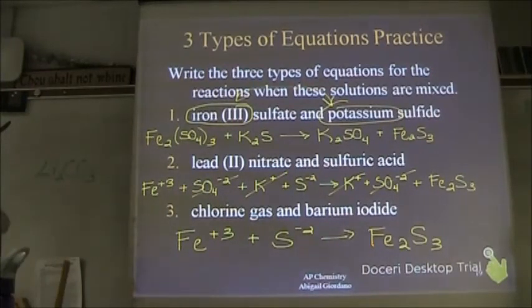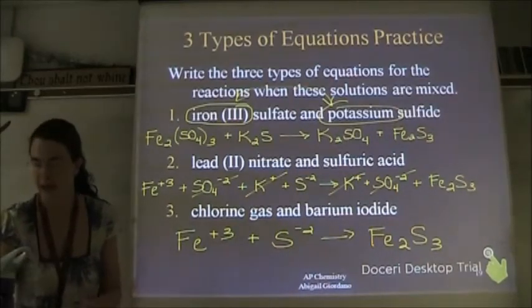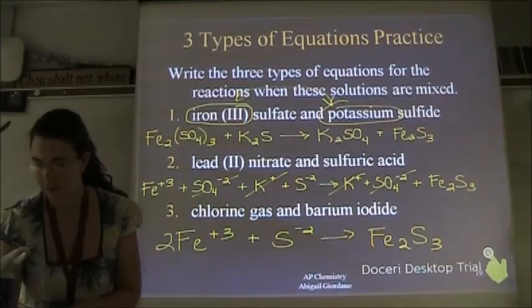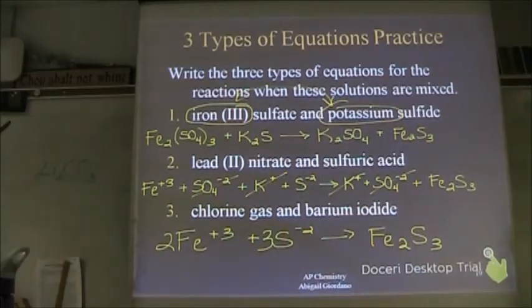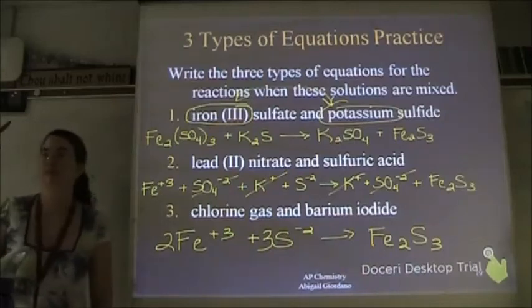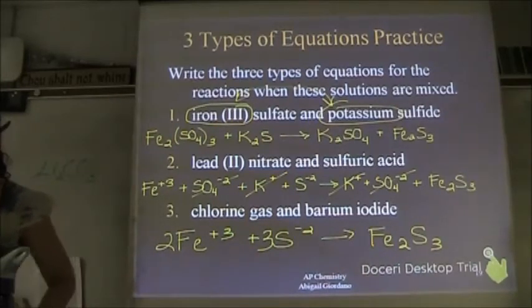Is it balanced? No, but it's easy to balance. Final answer. Okay. So that is the process. I'm going to have you do 2 and 3 on your own. Okay. Give it a try.